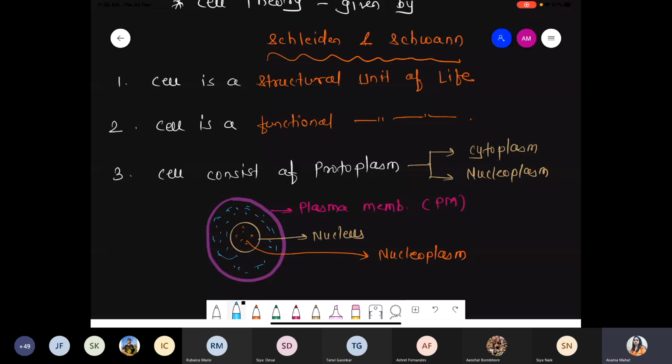And outside the nucleus, रोज इसी टाइम पे आता है. Okay.